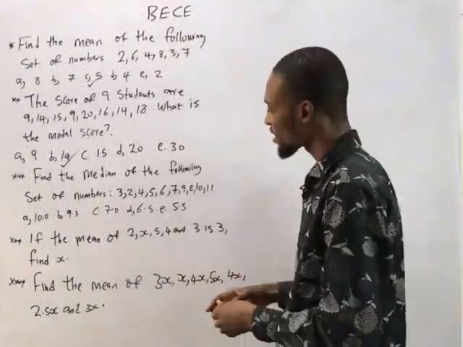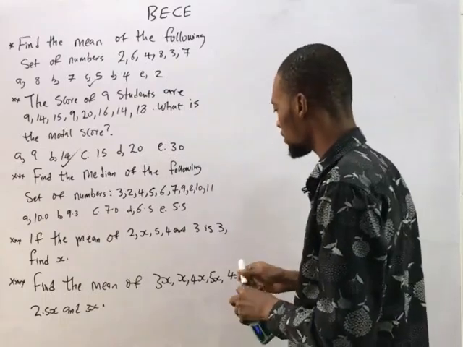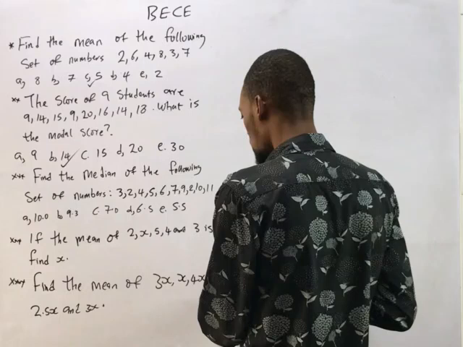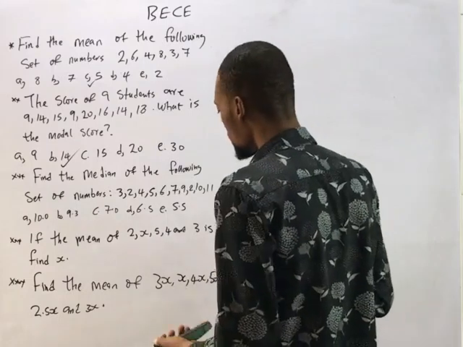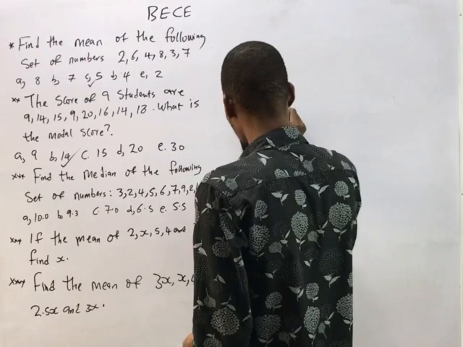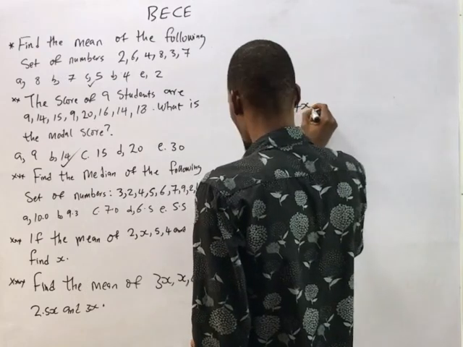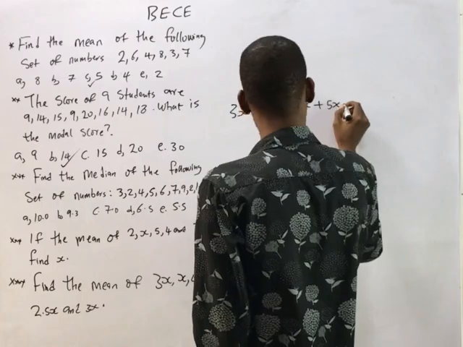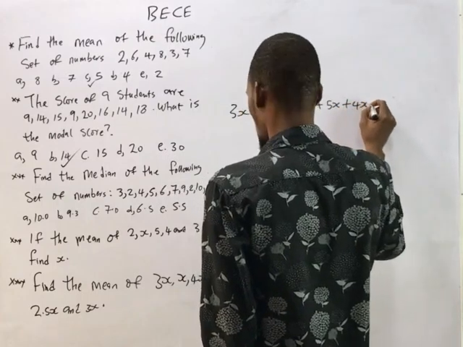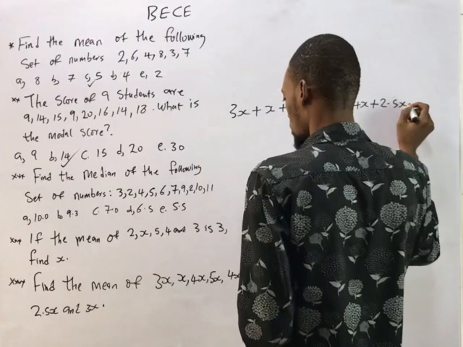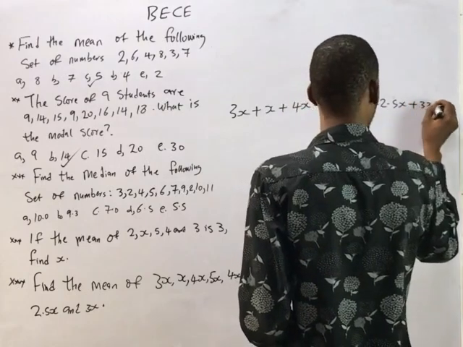The last question here says, find the mean of 3s plus s plus 4s plus 5s plus 4s, and so on. So the mean will be simply adding the numbers 3s plus s plus 4s plus 5s plus 4s plus 2.5s plus 3s.